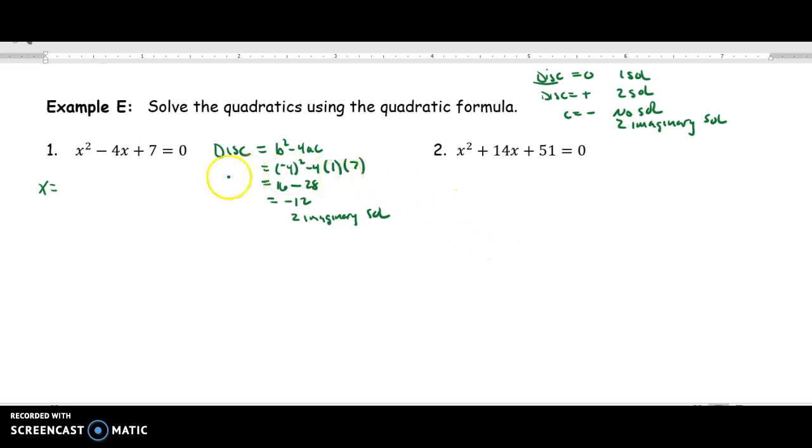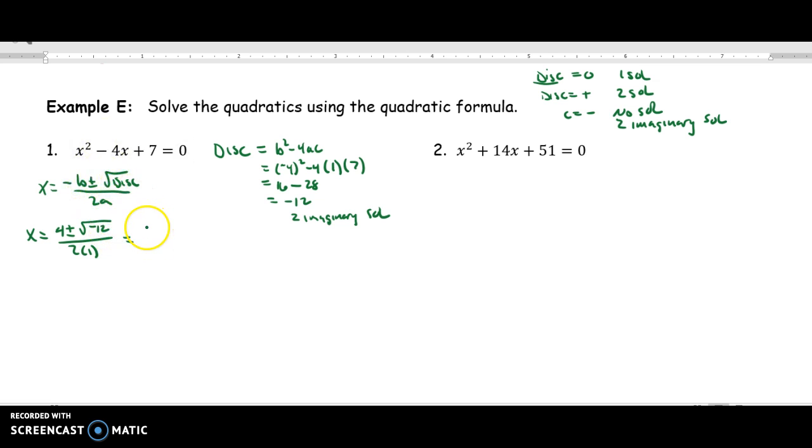But how do we write our final answer? Well, what we're going to do is plug it into the quadratic formula, using the opposite of b plus or minus the square root of the discriminant all over 2a. So if b is negative 4, the opposite of negative 4 is 4 plus or minus the square root of negative 12 all over 2 times 1.